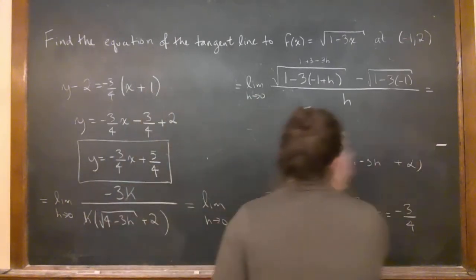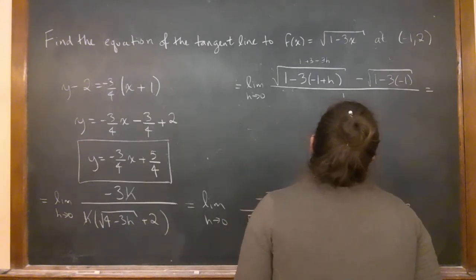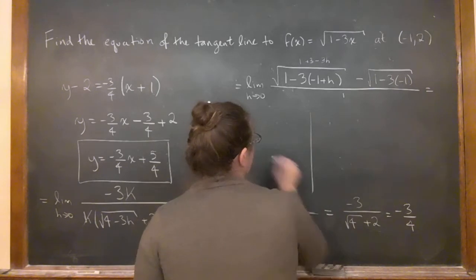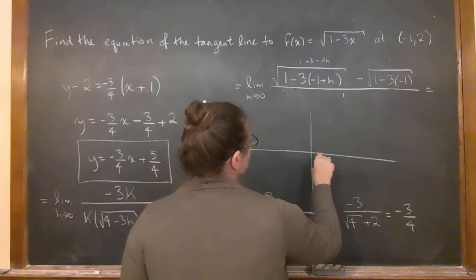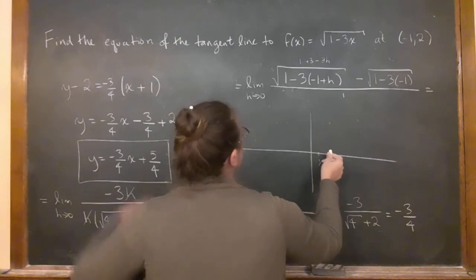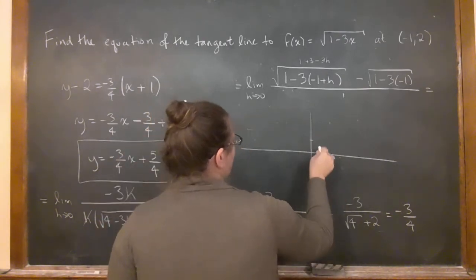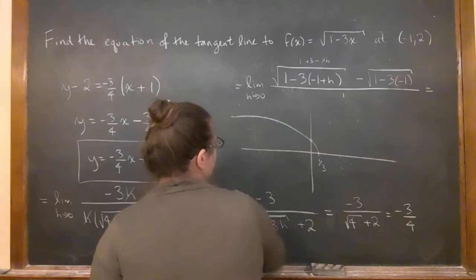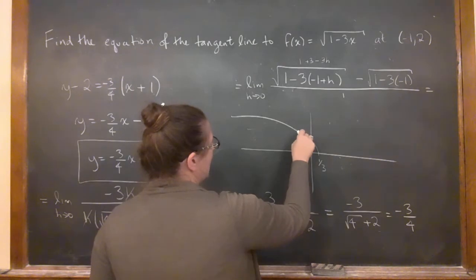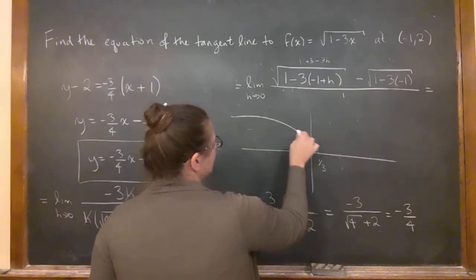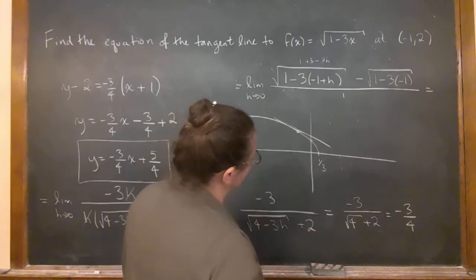If I do graph this, I don't know exactly what this looks like. It's going to be something like here, right? This is going to be 1/3, and then it's going to be 1, and then it's going to be doing something like this. So your line is going to be doing something like that, and it looks like it's a little bit less than 1.